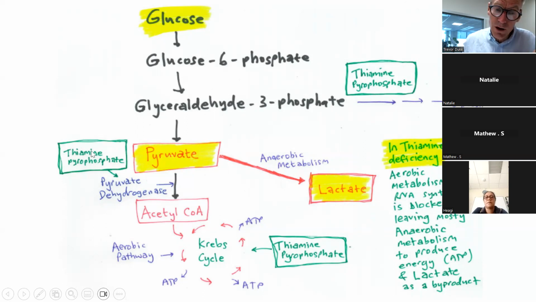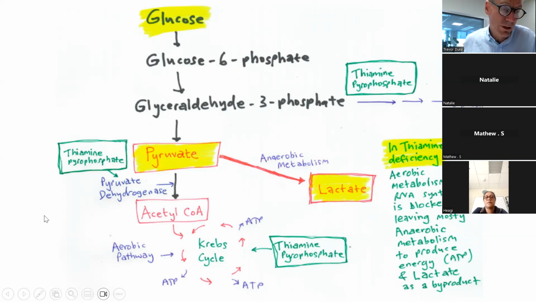And if there's no thiamine there, then what happens is that pyruvate just becomes lactate, and what ends up being is that there's no protein synthesis, there's no energy or ATP synthesis, there's only the production of lactic acid. And that can lead to lactic acidosis, and the child can become very unwell without thiamine.